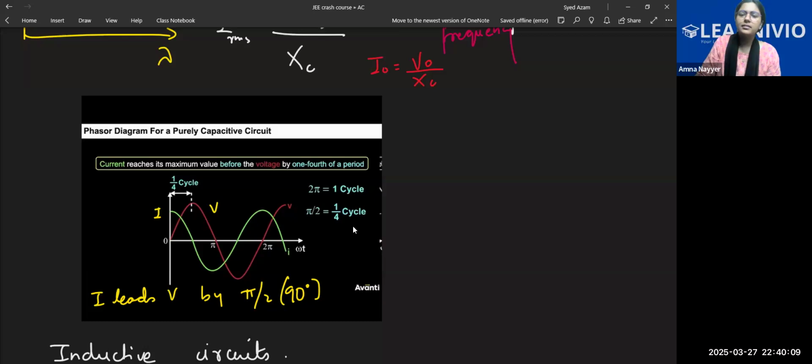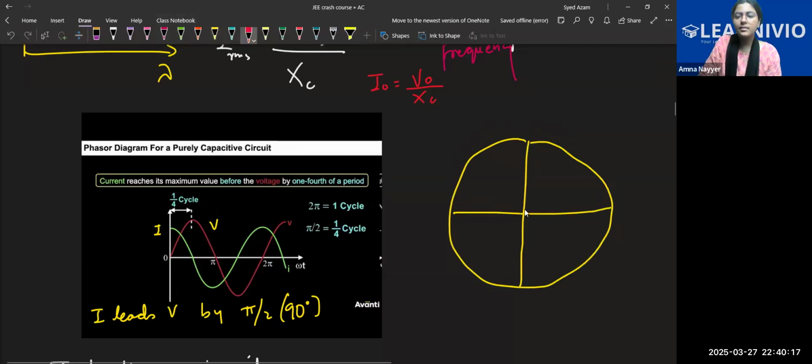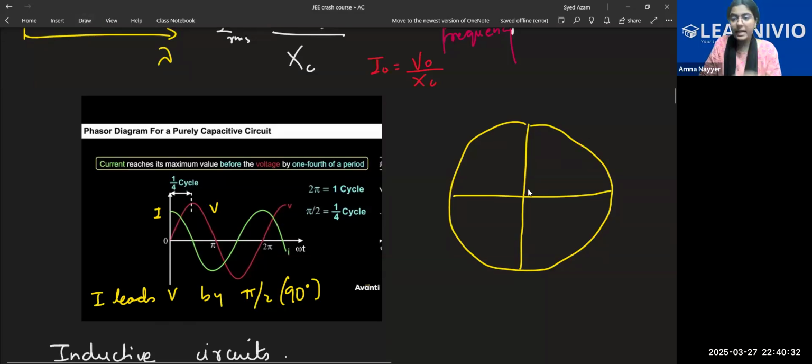For the phasor, you can draw it like this also. See, resistor will be fixed like this. Or let's remove the resistor. It's not needed here. For the circuit, the current will be here, right?